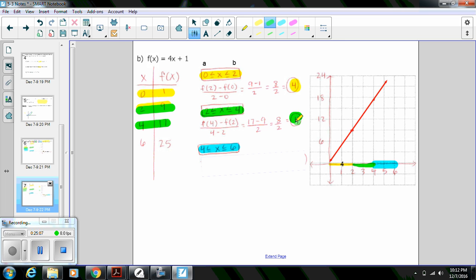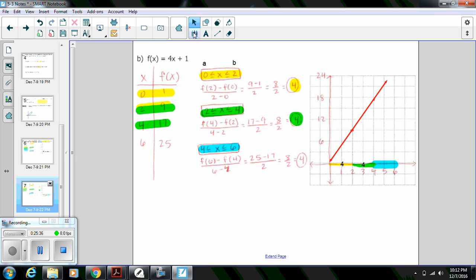We have a linear equation. And if we think about this, we should be getting the same rate of change over each interval because this is graphing a straight line. So far, so good. Let's try our last one. Remember, 4 is our A value, 6 is our B value, so f of 6 minus f of 4 all over 6 minus 4.